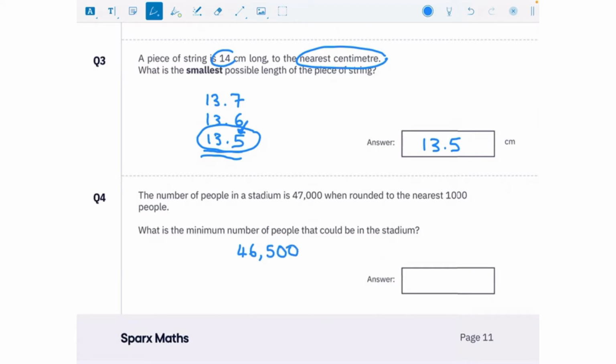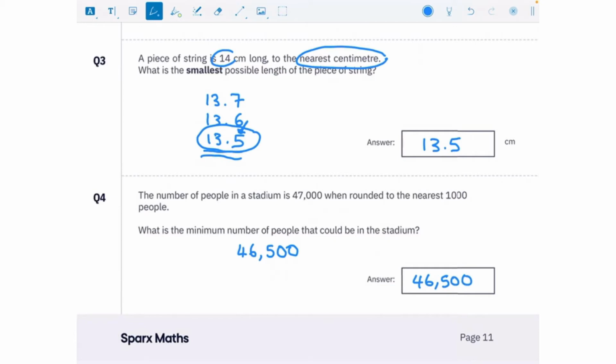All the numbers bigger than that, up to 47,000, would round to 47,000. But 46,500, if I go any lower, 46,499, the 4 would tell us to round down. So we're going to stick with 46,500. And that's the smallest we can go, but still round up to 47,000, a 5 in the hundreds column.